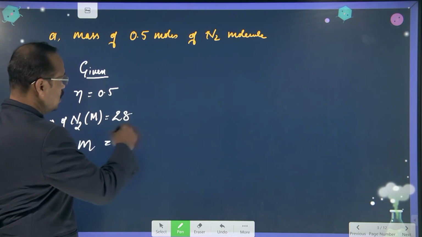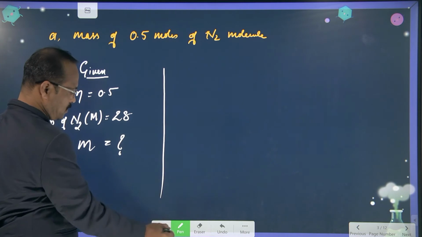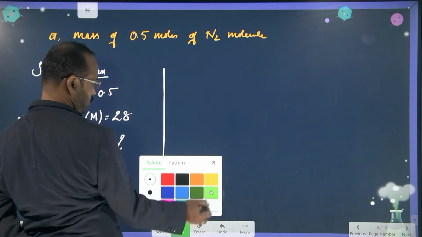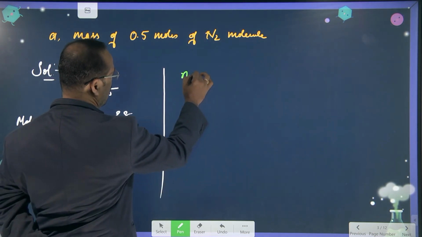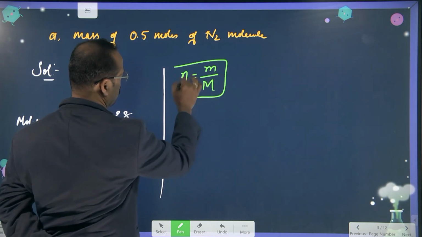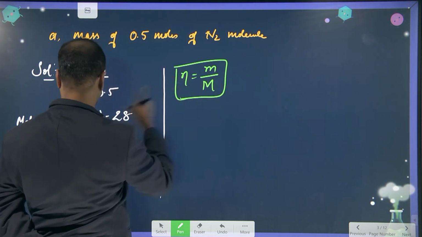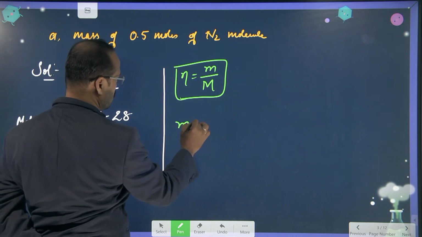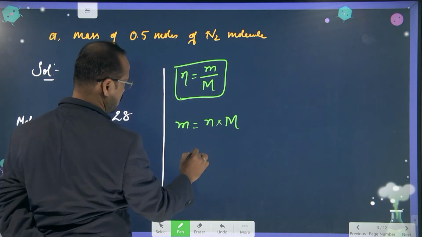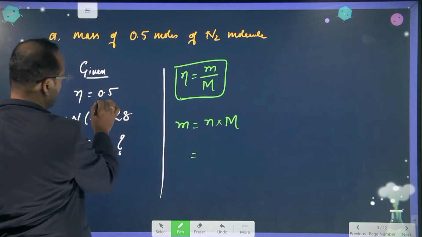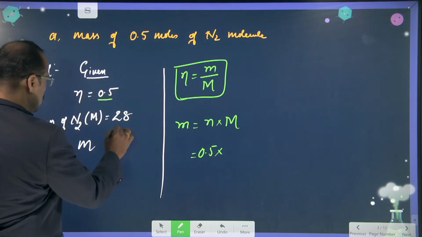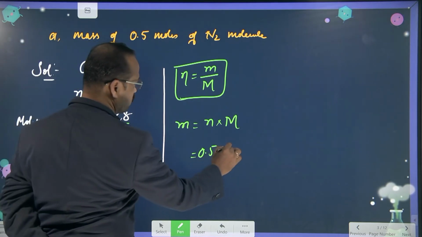Now they are asking to calculate the mass. Substitute here. We have a formula: n is equal to m by capital M. Now we want small m, so small m is equal to n into capital M. So n is 0.5 into capital M, which is 28.